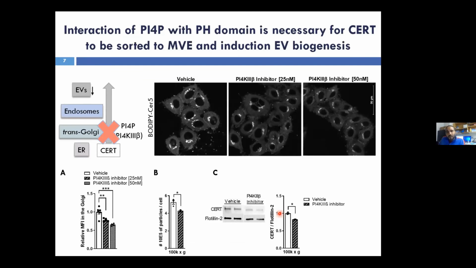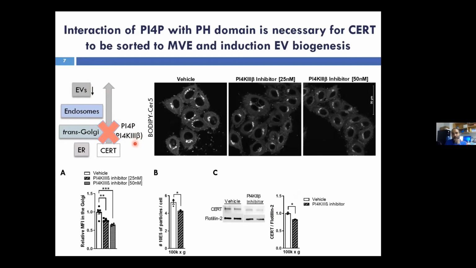Next, we wanted to understand if CERT engagement to the trans-Golgi was necessary for EV formation. So if there is a kind of vectoriality to the process. So ER, trans-Golgi, as you see here, ER, trans-Golgi, endosome, EVs. So to block this pathway, we used a specific inhibitor of PI4P generated in the trans-Golgi by the PI4 kinase 3 beta.